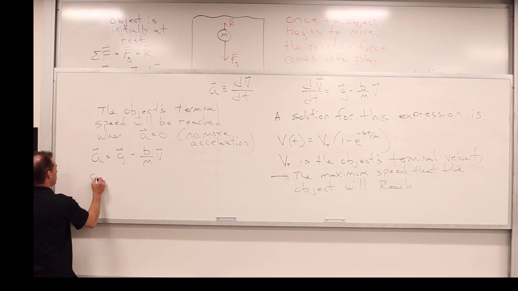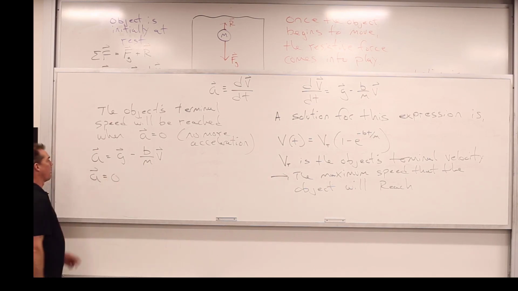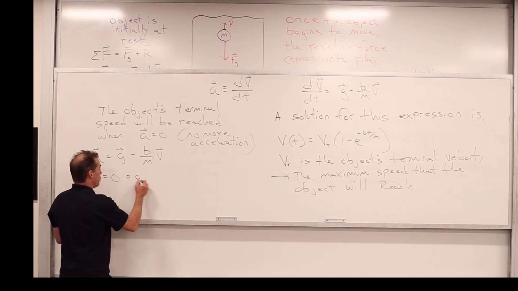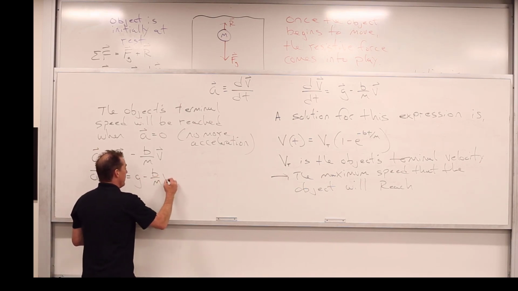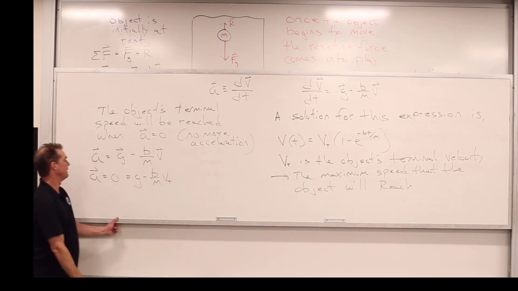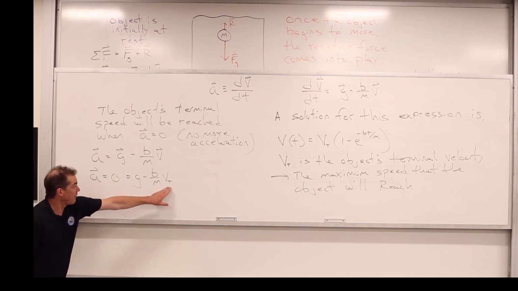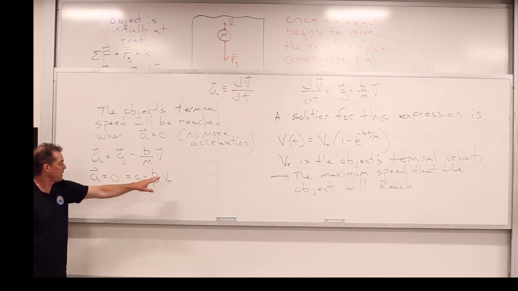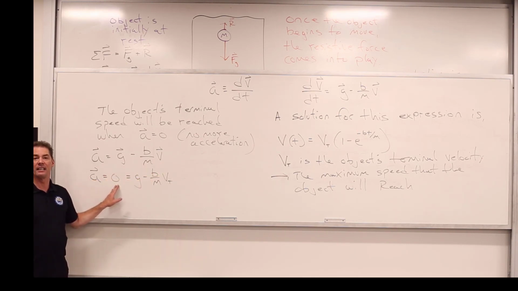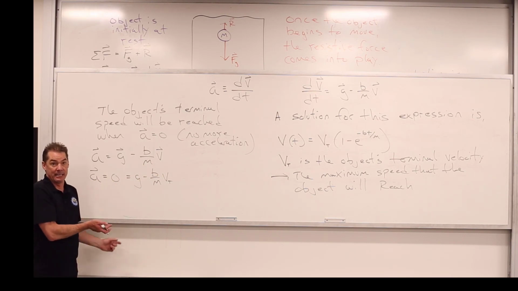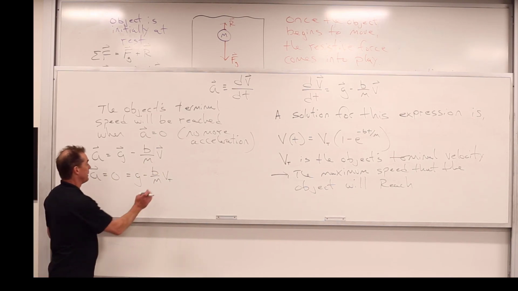And we can say that a is equal to 0, is equal to g minus b over m v sub t. So we kind of get rid of the little vector signs, don't really need them. We're really just identifying the speed of the object when the acceleration is 0 and saying that that is indeed the terminal speed, v sub t.